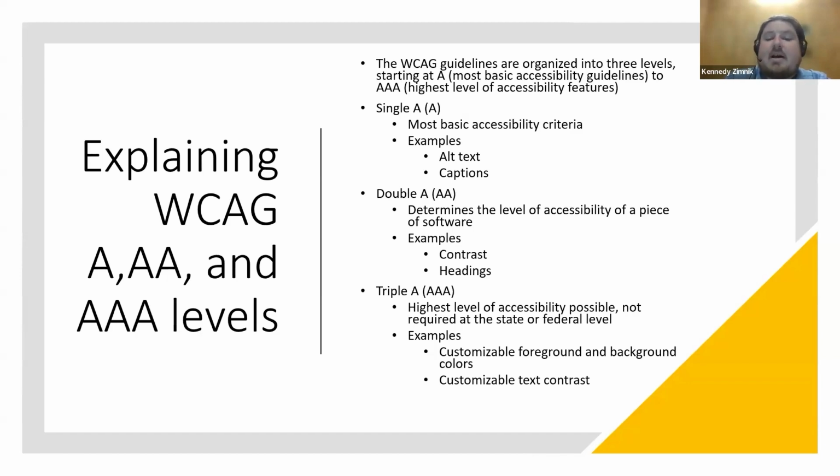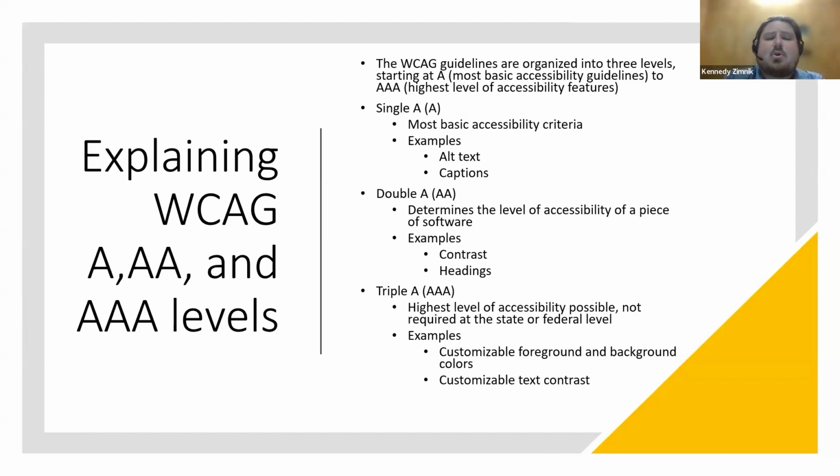AAA, the highest level of accessibility possible, not required at the state or federal level. Examples: customizable foreground and background colors, customizable text contrast. So AAA really goes above and beyond in accessibility. Much of the AAA will be not applicable to a lot of things.